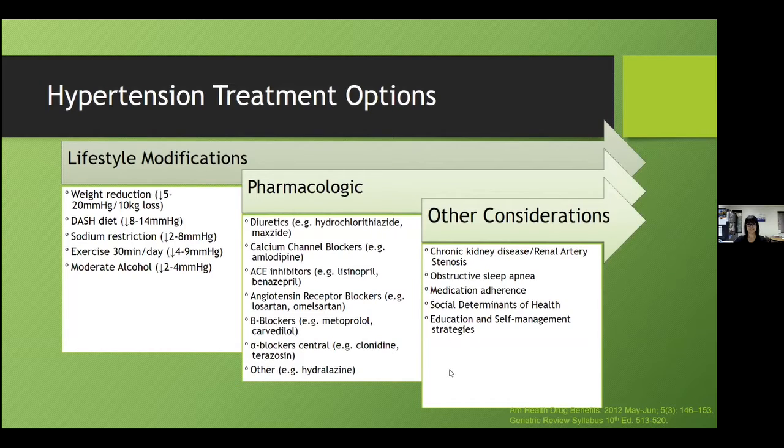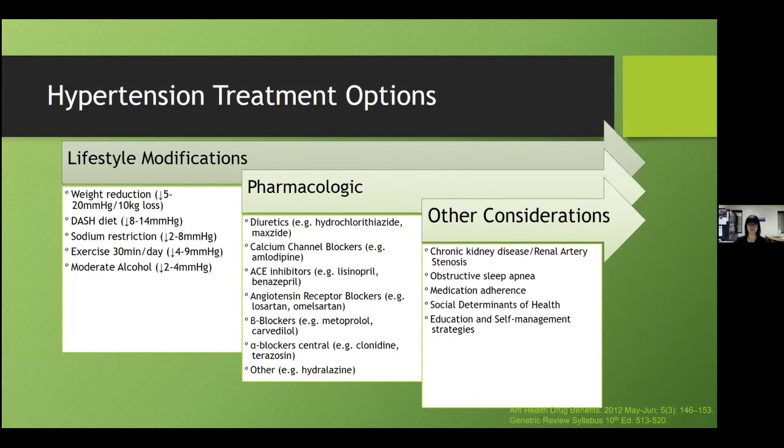Other things to consider in our evaluation and workup: does this person have chronic kidney disease? That might drive some of our medication selection, but also the possibility of renal artery stenosis. Are they at risk for obstructive sleep apnea? As we learn more and more about OSA, the long-term consequences of it being untreated include contributing to heart failure, uncontrolled hypertension, cognitive impairment, depression, and difficulty controlling weight.